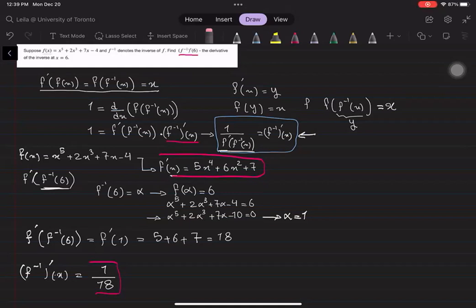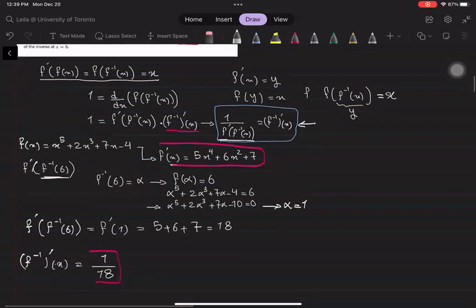I just took the derivative from both sides for this part. But we also had it as a formula. You haven't learned this part?